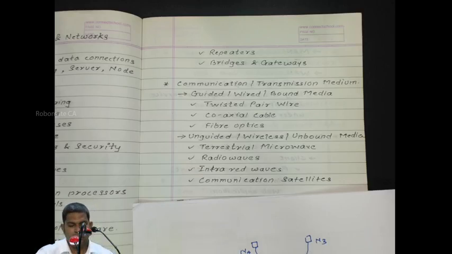Okay, we are now starting with the next topic that is called communication or transmission medium. When we discuss medium or media, it is nothing but the channel through which the data is being transmitted. It could be any type of channel. You can send the data via air.